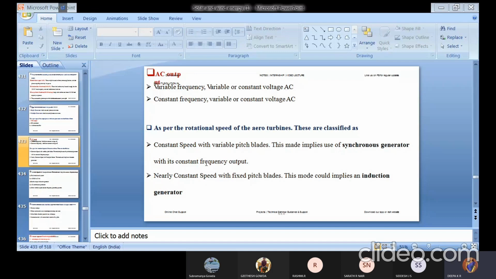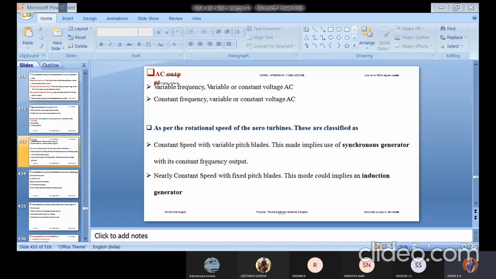This mode implies the use of a synchronous generator with its constant frequency output. It means you are designing this using a synchronous generator. Next is nearly constant speed with fixed pitch blades. Nearly constant means you can assume there is a small variation in the speed. If you want to operate in this mode, you use an induction generator.